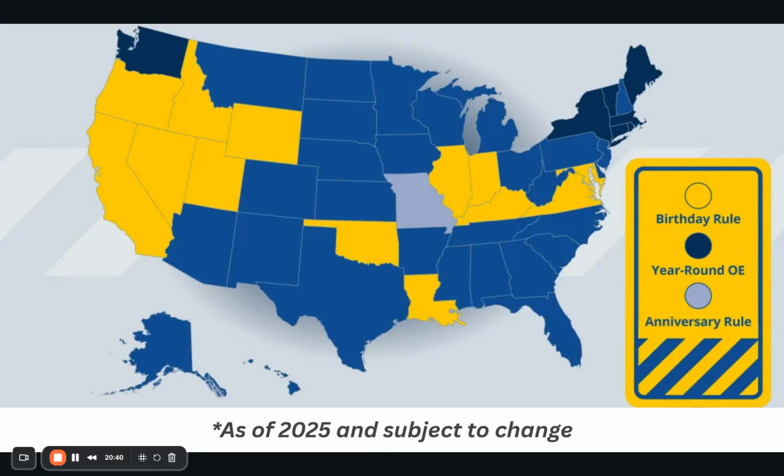If you live in one of these states and want to discuss this, we can definitely do that. And then you've got some of these year-round open enrollment states up here, Northeast, and really just one anniversary state right here, policy anniversary, where you can change.